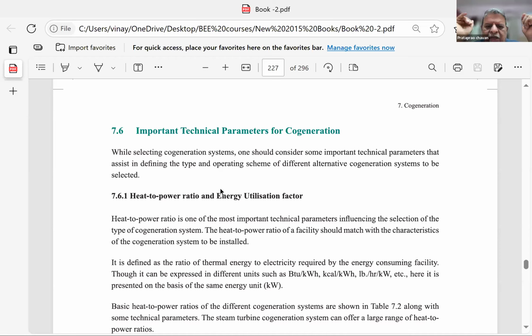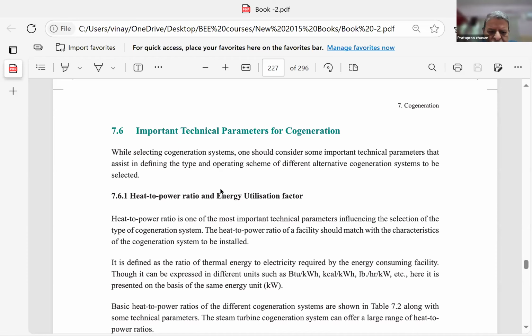Then important technical parameters. These parameters are mostly asked in examinations for definitions. They will ask you what is heat to power ratio, what is energy utilization factor, and you should memorize, read, and then always write in the same wording as written in the book.